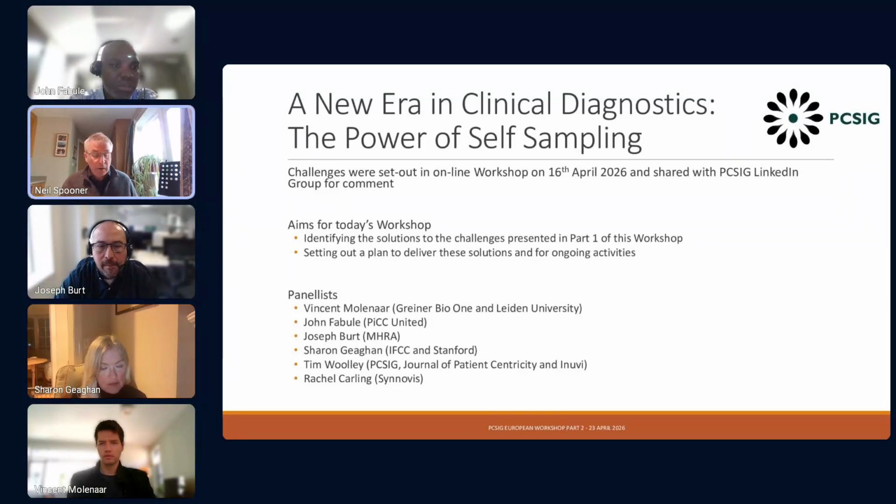We're looking at how we can deliver real and long-term solutions to these challenges. And that will mean a number of activities needing to be agreed, and hopefully members of our PCSIG taking part in those activities.